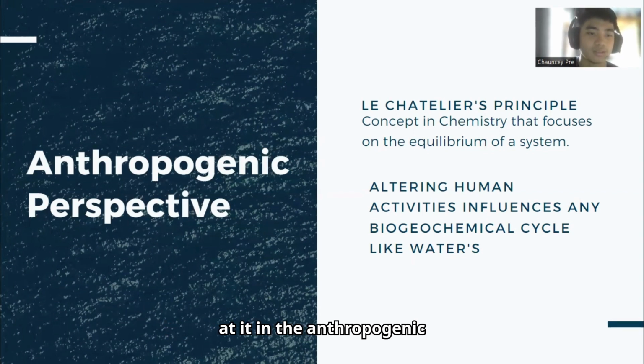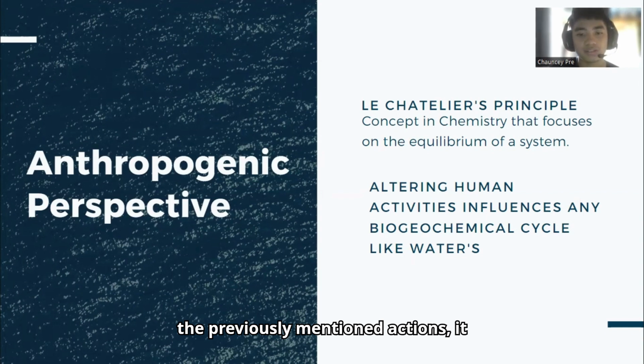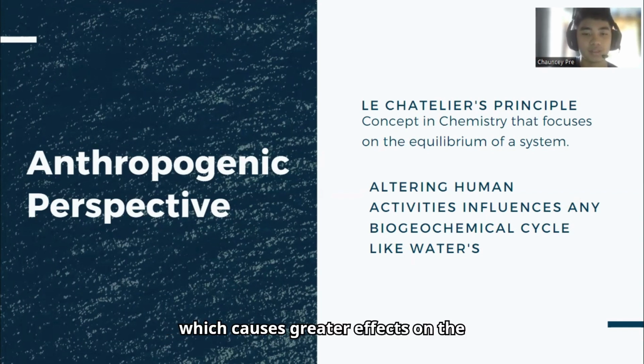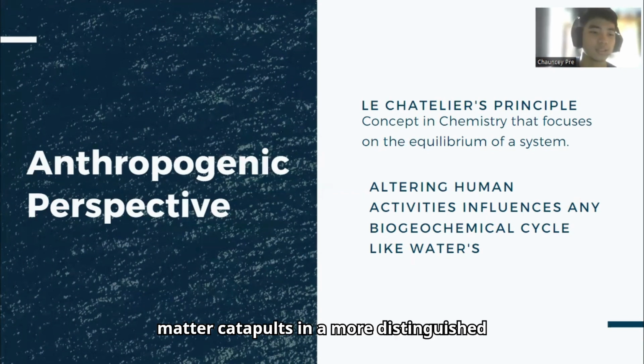Looking at it in the anthropogenic sense, altering human activities influences any biogeochemical cycle, like water. So, with the previously mentioned actions, it becomes a subject or catalyst that prompts changes in the water cycle, which causes greater effects on the environment or ecosystem. It becomes a series of events wherein a change in a matter catapults into a more distinguished consequence.